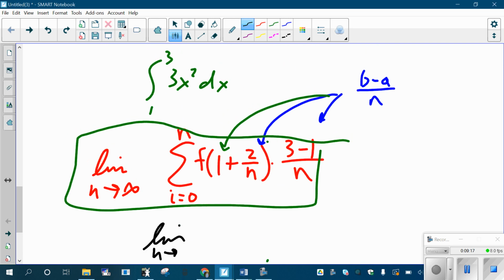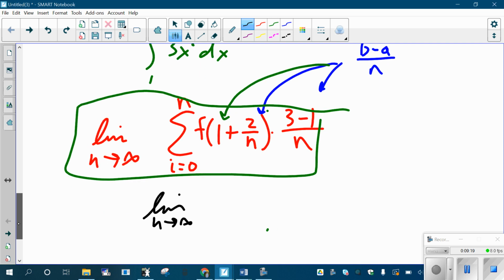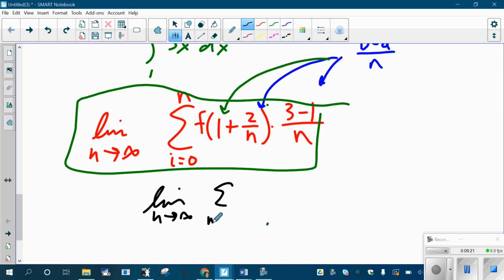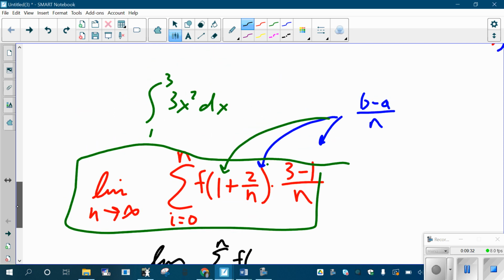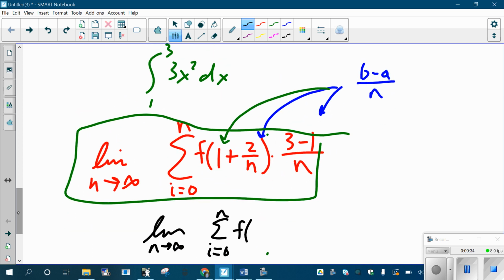Write it all out neat. It's not my specialty, but I work at it. Plug it into the function.